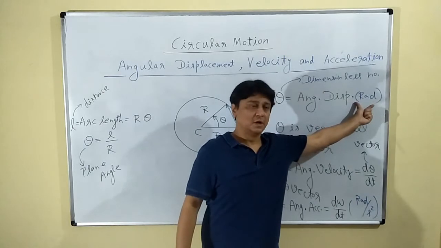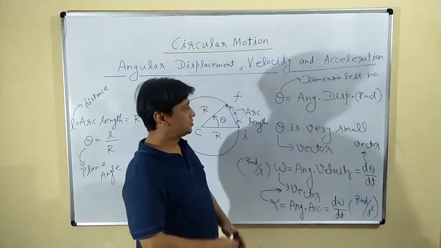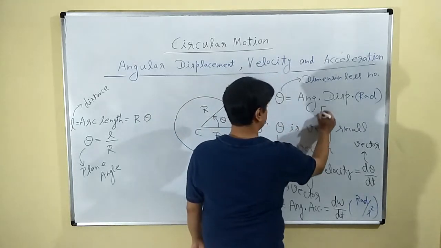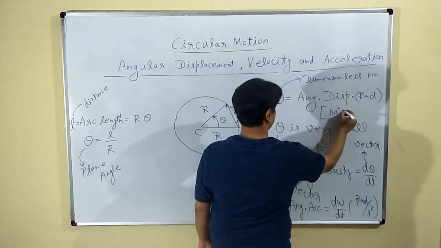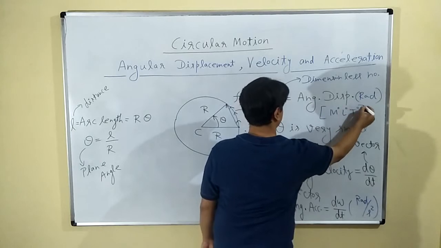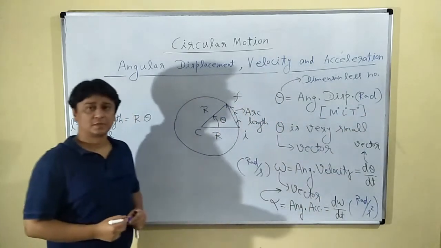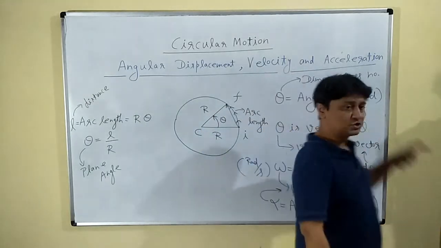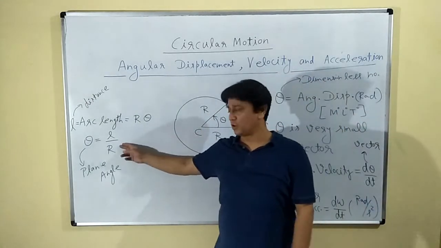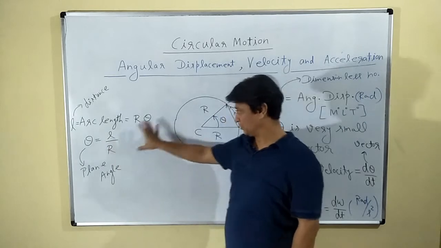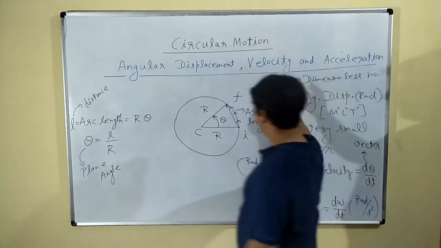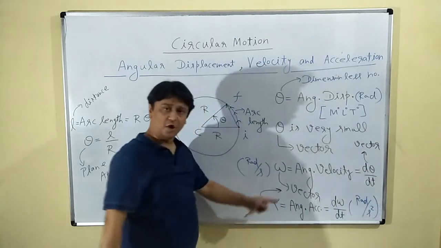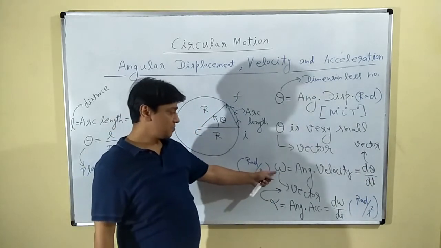Radians. अब किसी ने आपसे पूछा what is the dimensional formula of theta? आपको पता है? What is dimensional formula? m0 l0 t0. It has no dimensions. There is no mass, there is no length, there is no time. Meter upon meter cancelled. कुछ बचा नहीं इसके अंदर. And then everybody can easily write the dimensional formula of omega. What is dimensional formula of omega now?